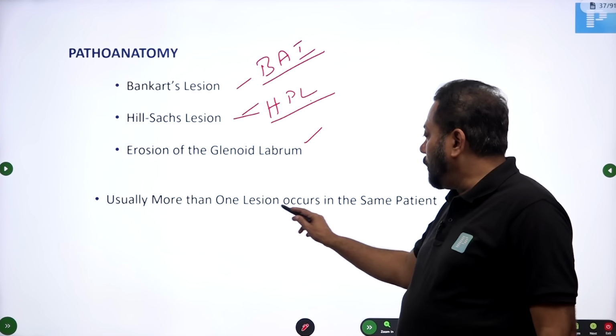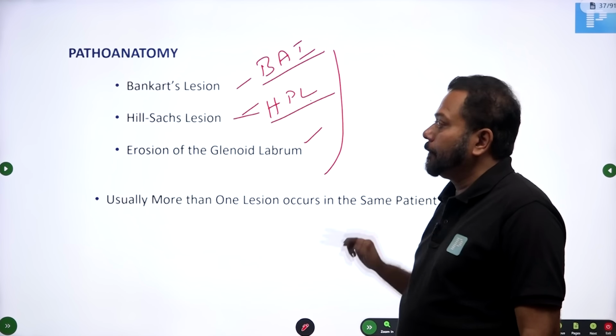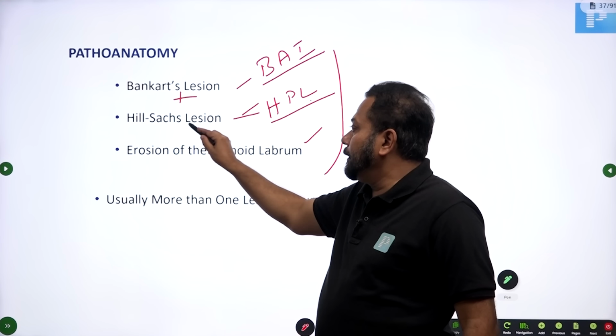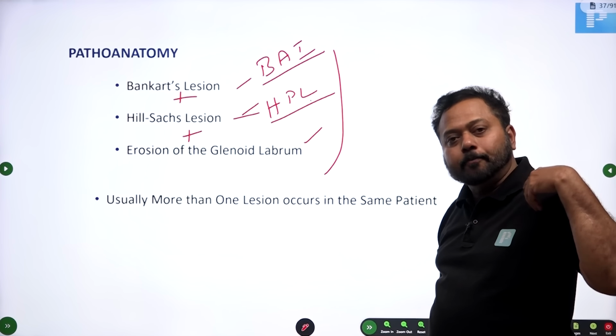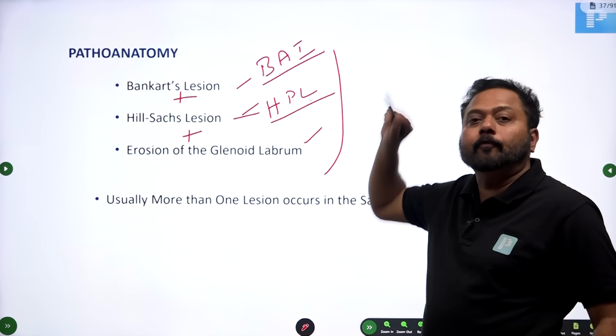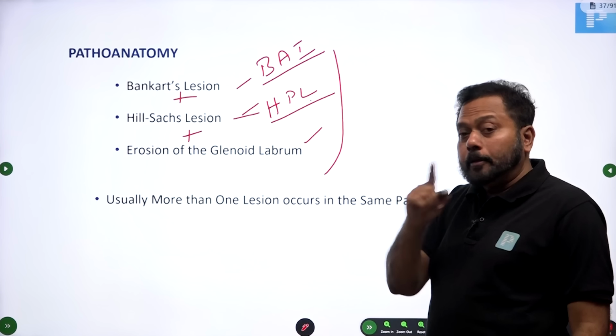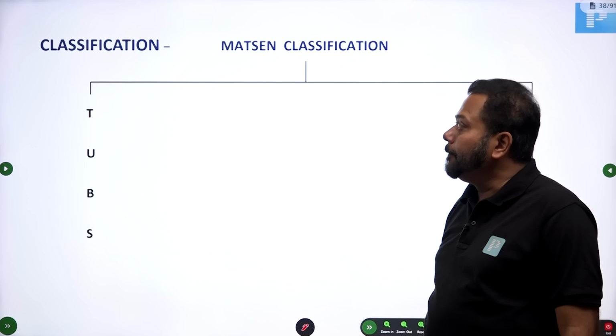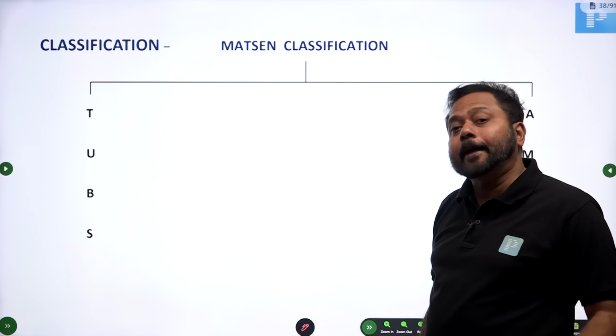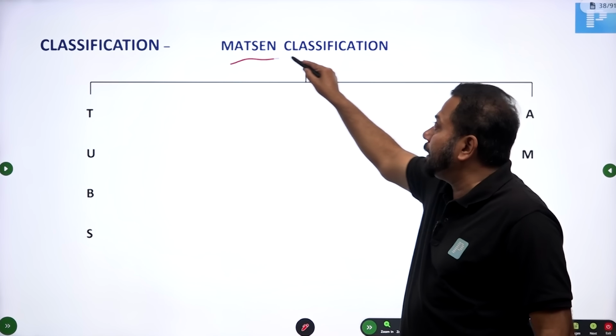Usually more than one lesion occurs in the same patient. When Bankart's lesion with Hill-Sachs lesion and erosion of the glenoid labrum is happening in the same shoulder, highest chance it will go for recurrent shoulder dislocation. The asked question was Bankart's lesion, Hill-Sachs lesion. Okay, please don't forget.